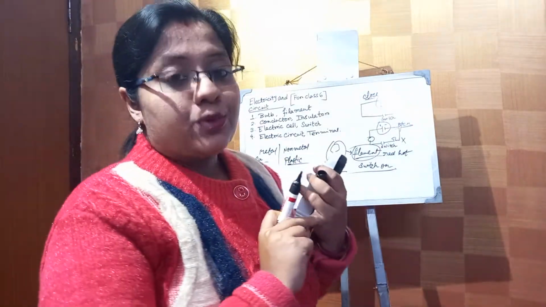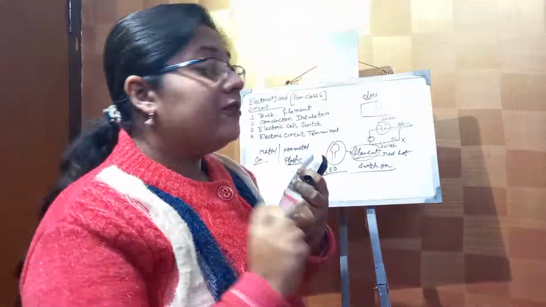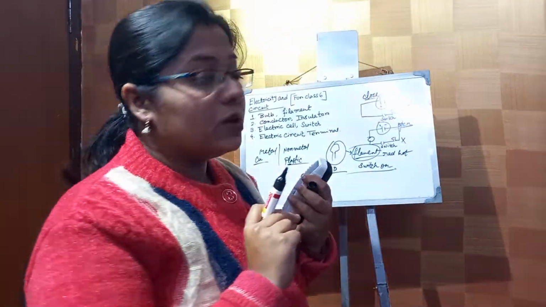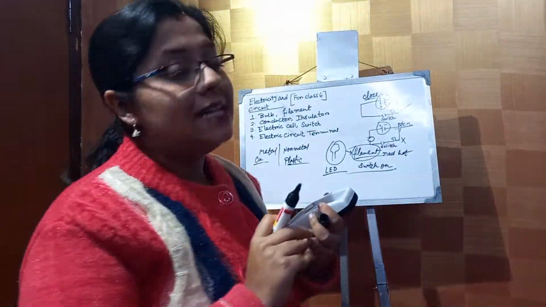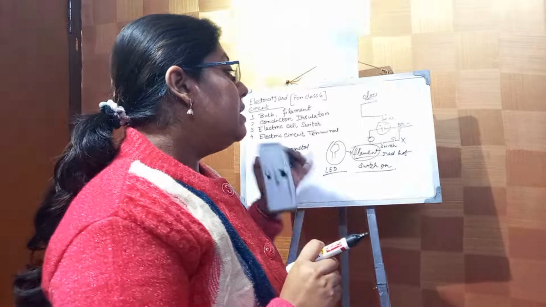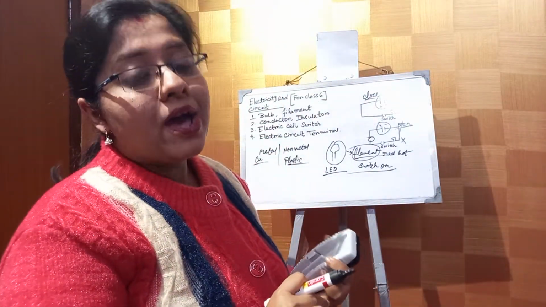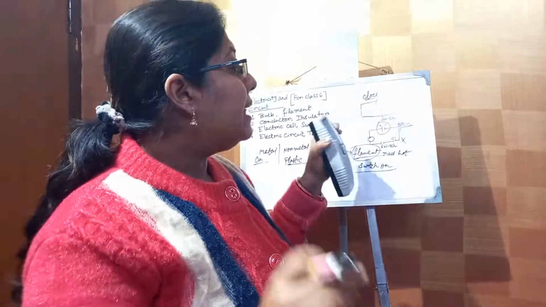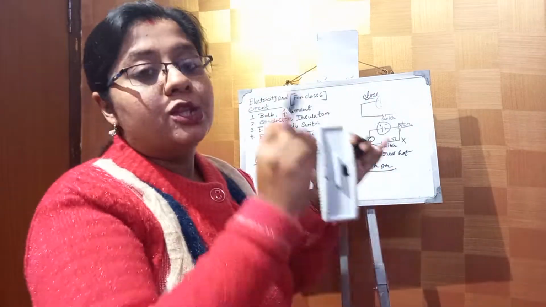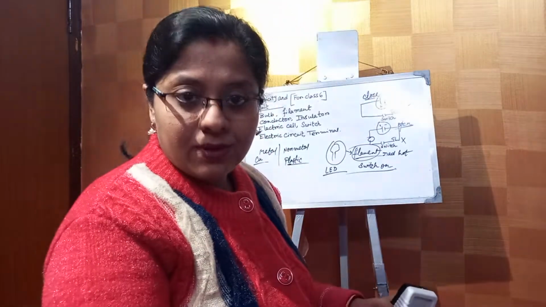So in an electric cell, we have two terminals. One is the positive terminal, another is the negative terminal. Now from the positive and negative terminals, the wire comes out and is connected with the switch and bulb.